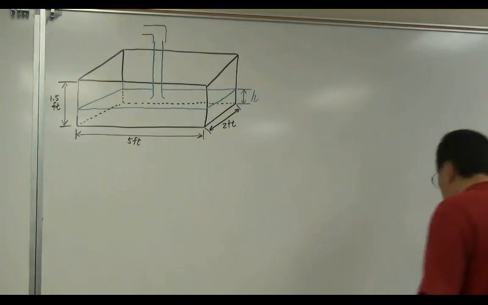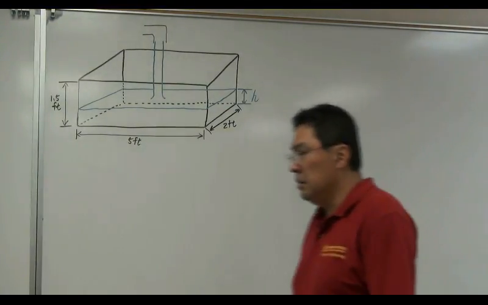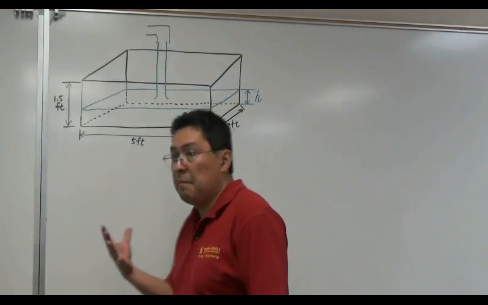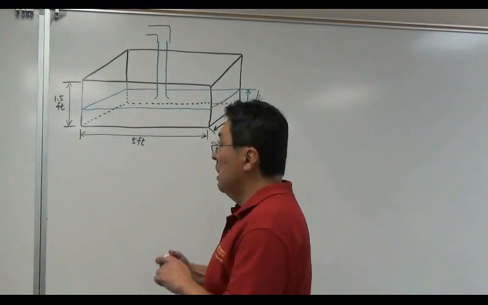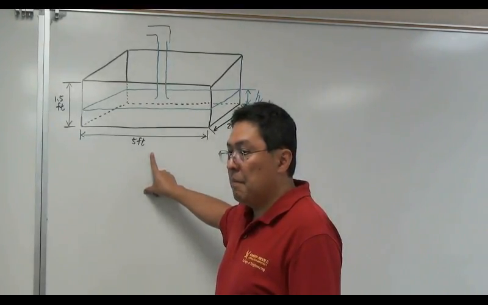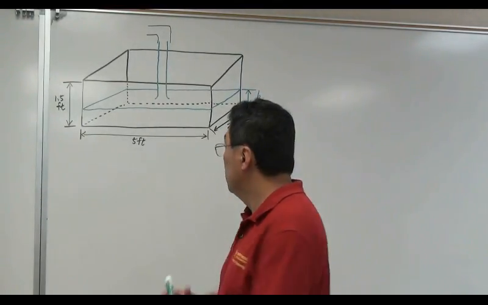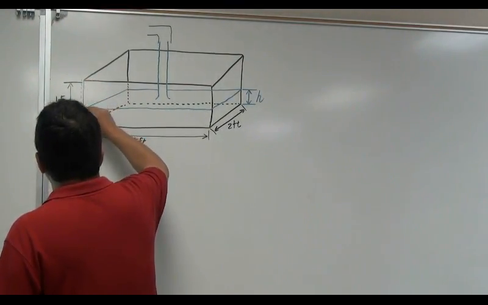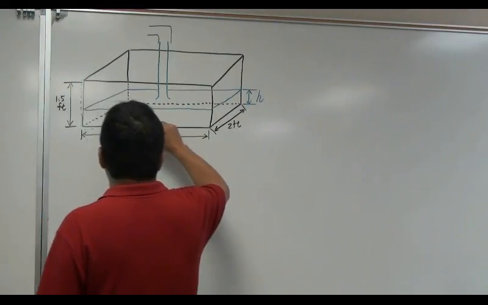Now first of all, you have to understand that this is non-steady problem. What makes this problem non-steady? Well, I'm going to try to solve this problem by defining control volume. Control volume is, let's say, bus stop itself is a control volume.